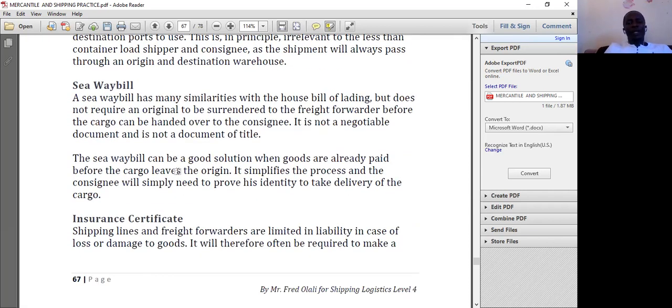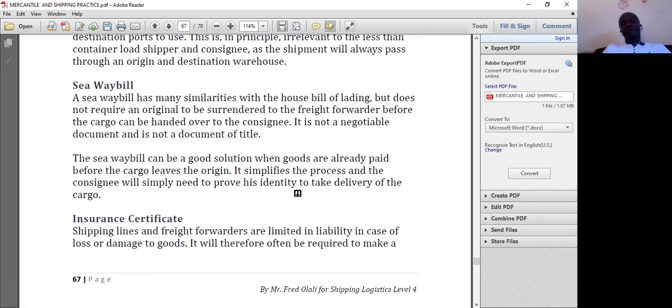Seaway bill: it has many similarities with the house BL, but does not require an original to be surrendered to the freight forwarder before the cargo can be handed over to the consignee. So it is not a negotiable document, and is not a document of title, as we mentioned earlier. The seaway bill can be a good solution when goods are already paid for before the cargo leaves the origin.